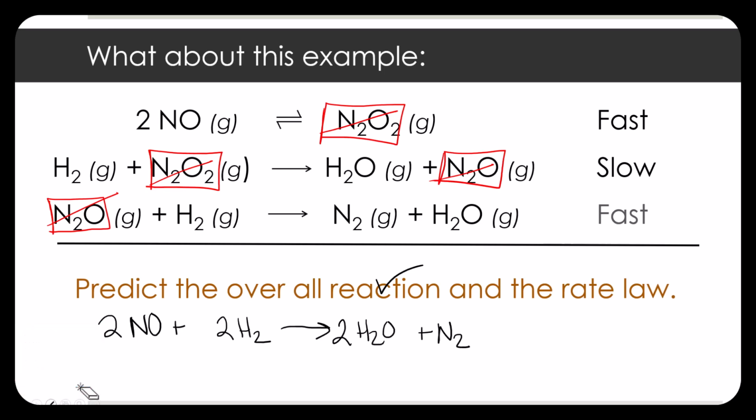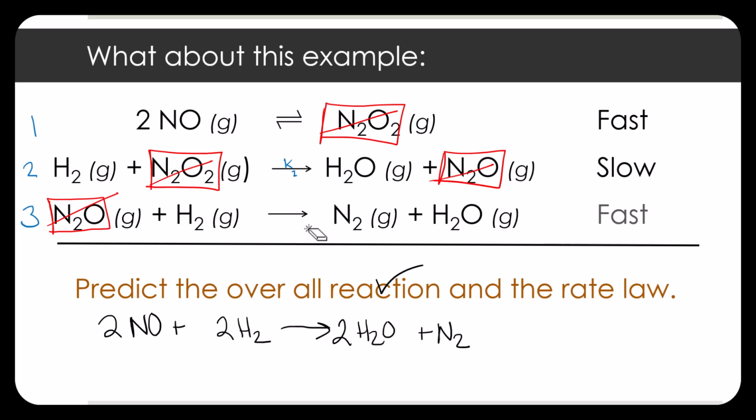The rate determining step here is the second step. It's the slow step. There is a constant associated with that step, and I'm going to call it k2. If I were to say 1, 2, 3 on the elementary steps, that's why I gave it a 2.